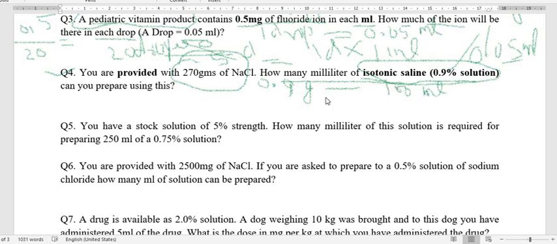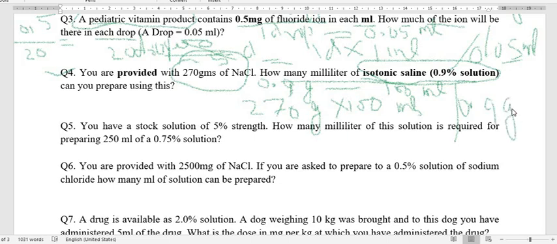Therefore, if you are using 270 grams, how much volume do you have to prepare? So this is equal to 270 gram multiplied by 100 ml divided by 0.9 gram, the volume that comes is the answer.